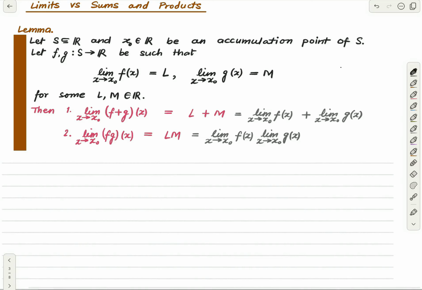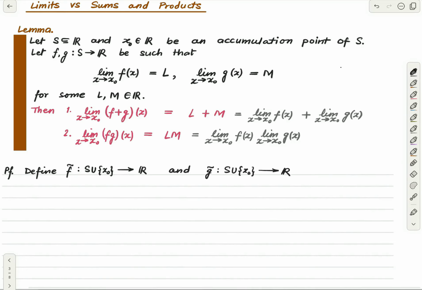And the idea employed to prove the first one is essentially all we'll do in this lecture. So most of the things I will leave as exercises from this point on. But let me give a proof of the first one. So define f tilde and g tilde as you can guess.